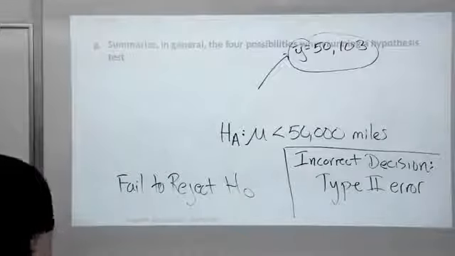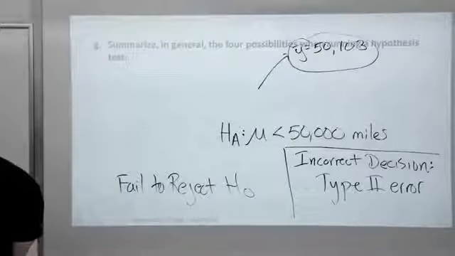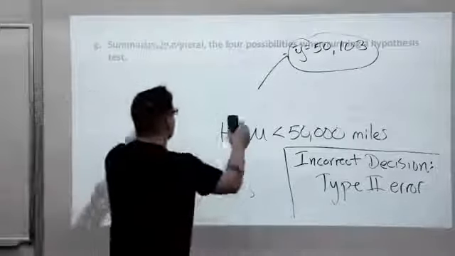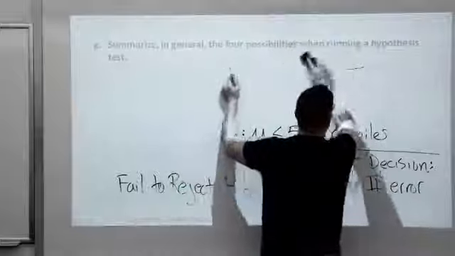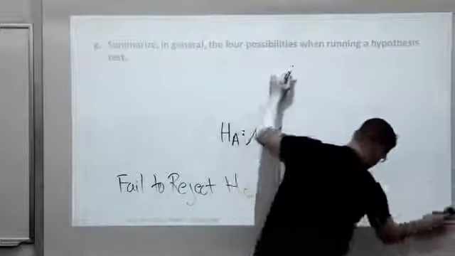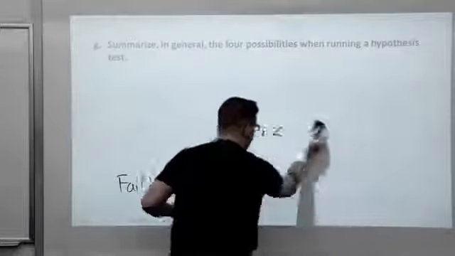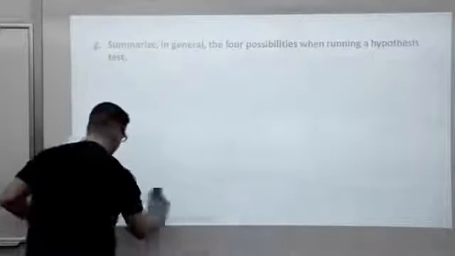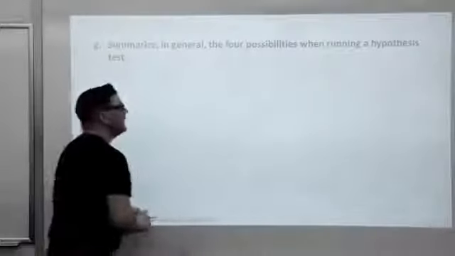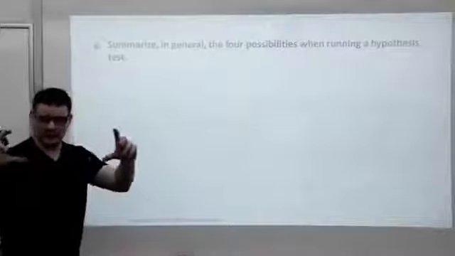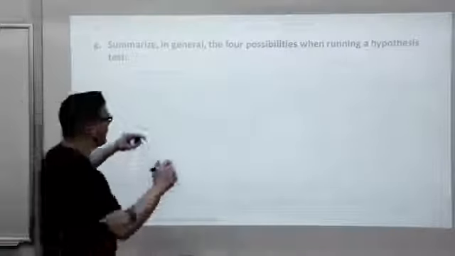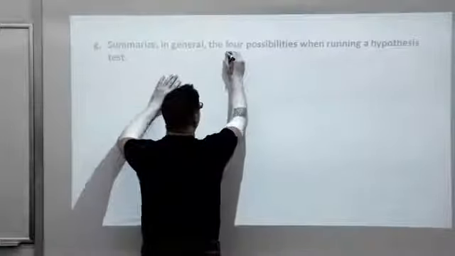All right, so down at the bottom, part G, and then we'll wrap this one up. Summarize in general what can happen. And so let's put a little table with the 4 possibilities. Up top, we'll put reality.